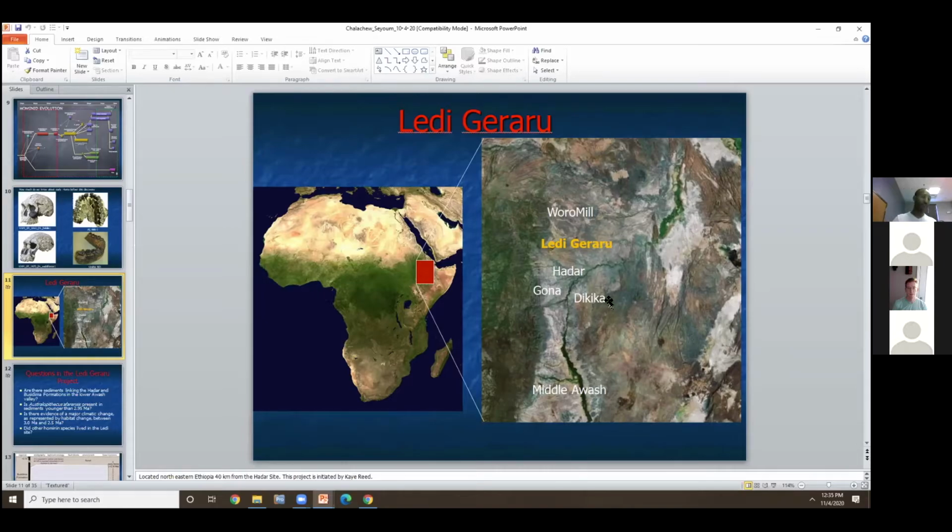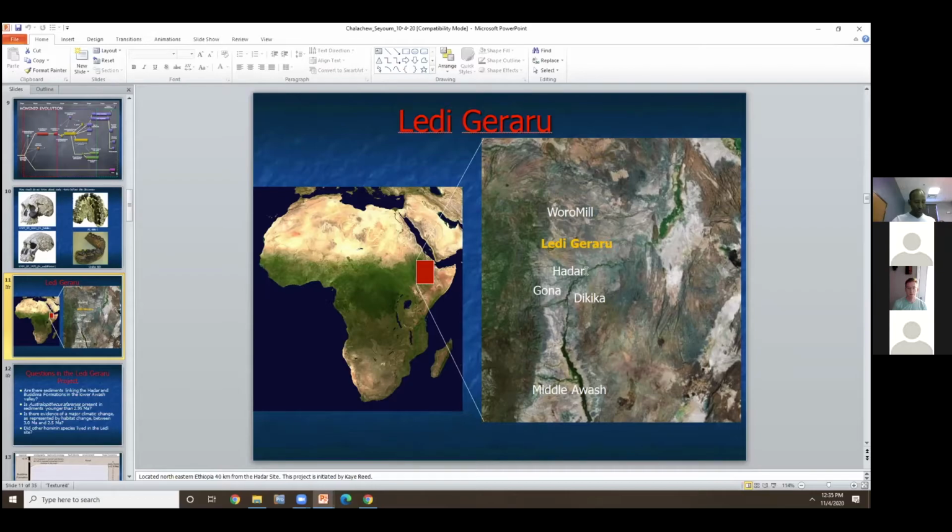Hadar and Woranso-Mille have their own significant amounts of fossil hominins in Ethiopia. But today, the focus is on Ledi from Arizona State University, including myself. We're interested in questions related to early Homo, because we have some idea that there is sediment between 2.5 and 3 million years ago.